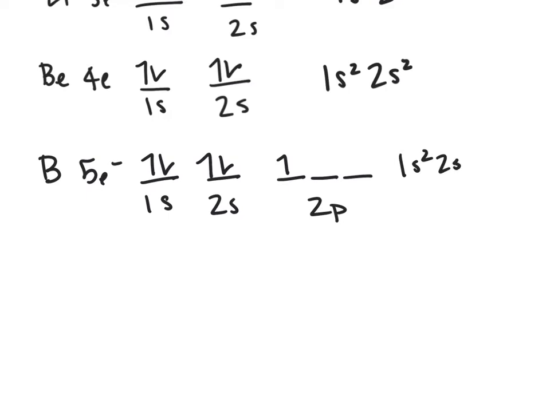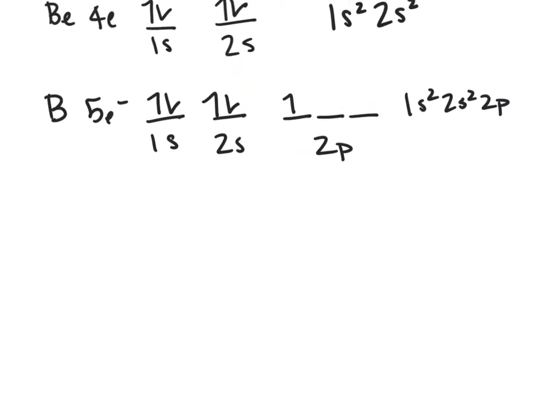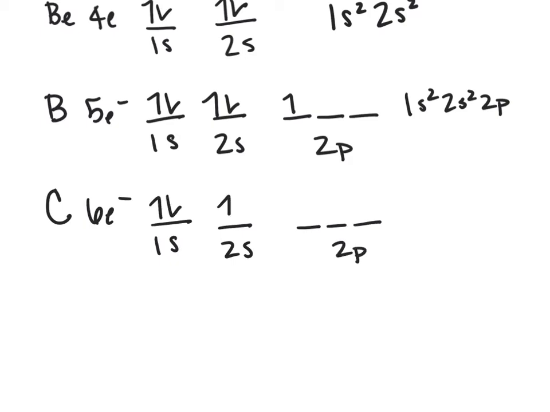You can put it in any one, and it could have gone down. So let's look at carbon, which has 6 electrons, 1s, 2s, 2p, 1, 2, 3, 4, 5, 6.